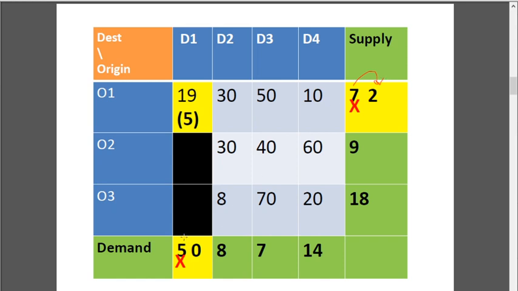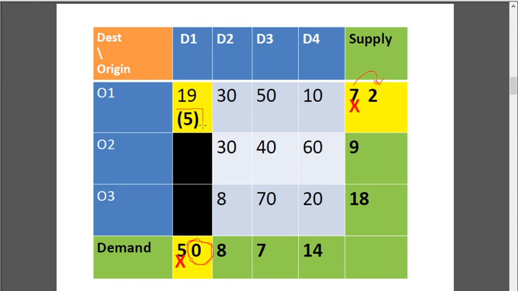So the remaining 2 units will remain at origin 1 since I am giving away 5 units to destination 1. And at destination 1, since 5 units have already been supplied, in other words already satisfied, the demand changes to 0. No need to further satisfy the demand, and mark it up in this cell.